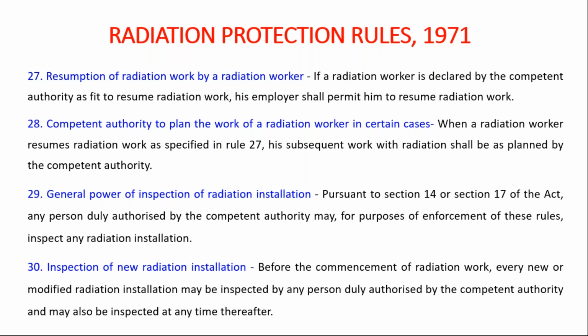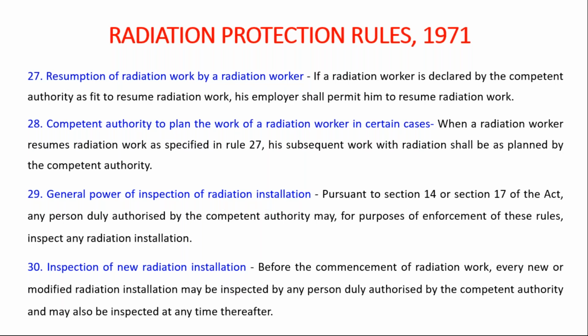Then rule number 29 is related to the general power of inspection of radiation installations. So pursuant to section 14 or section 17 of the Atomic Energy Act 1962, any person duly authorized by the competent authority may, for purposes of the enforcement of these rules, inspect any radiation installations.